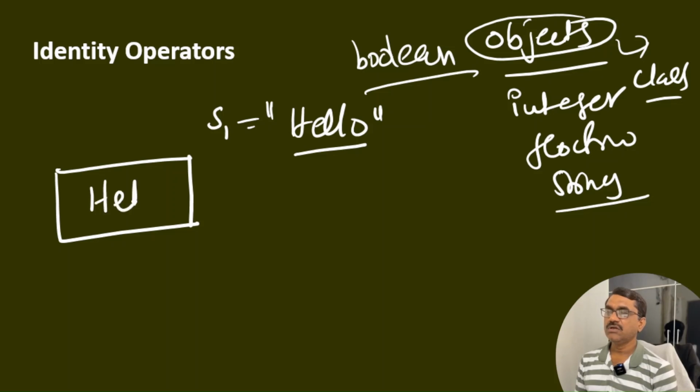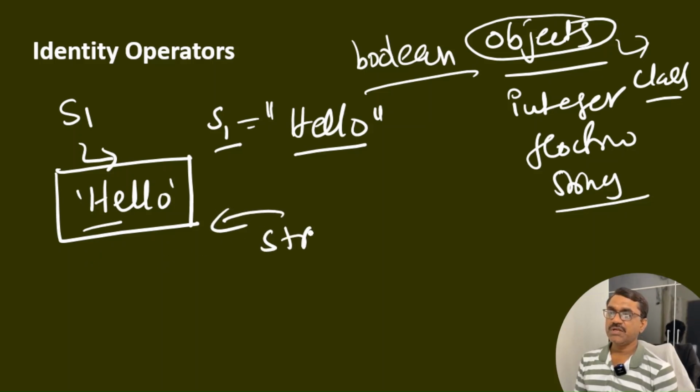The value here is hello, which is the content of the memory, and the name or label given for this memory location is s1.